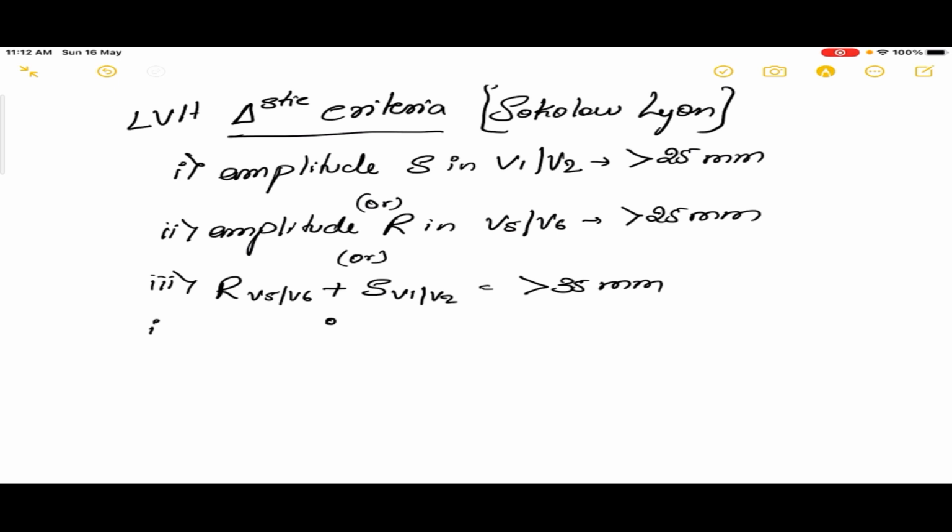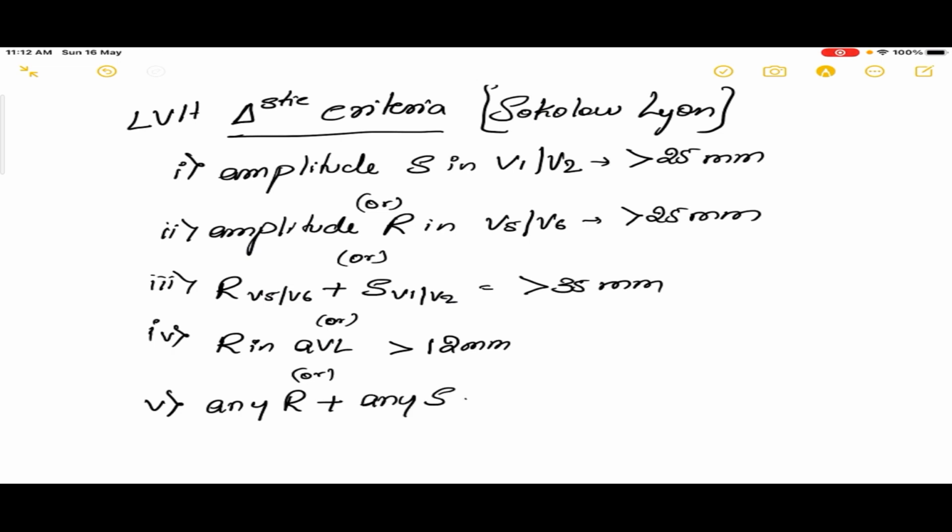The other criteria is R wave in aVL more than 12 mm, or any R wave summed with any S wave being more than 45 mm. So these are the diagnostic criteria for left ventricular hypertrophy.